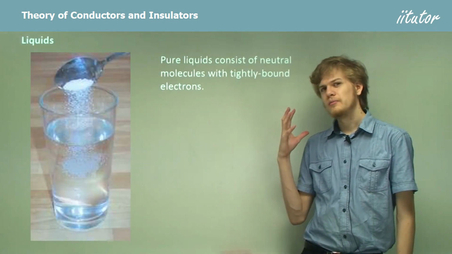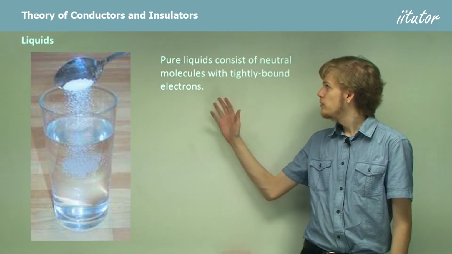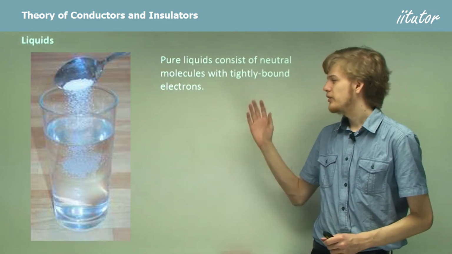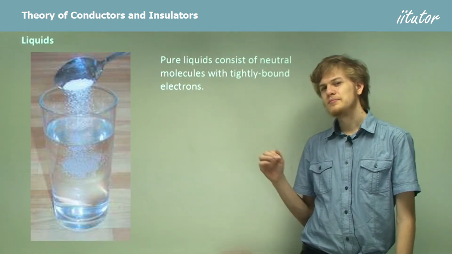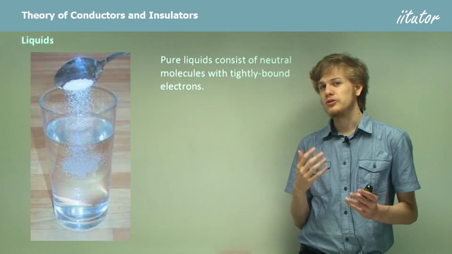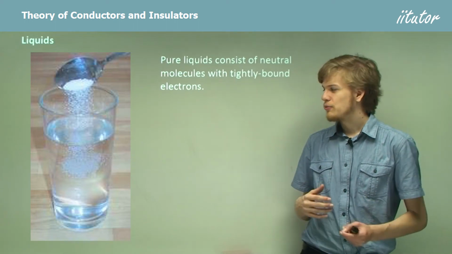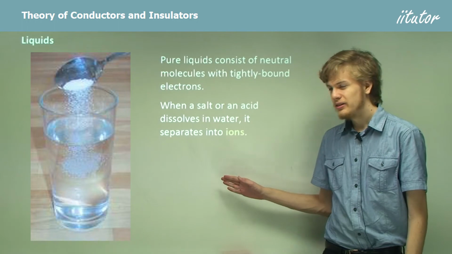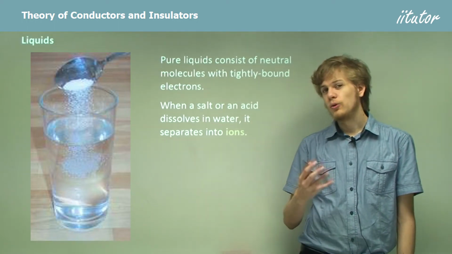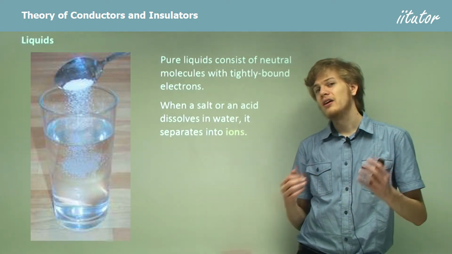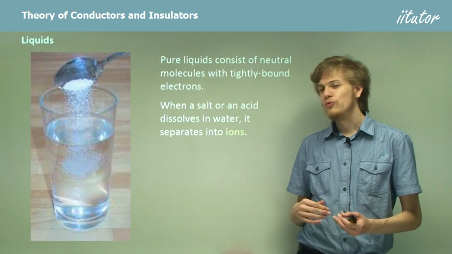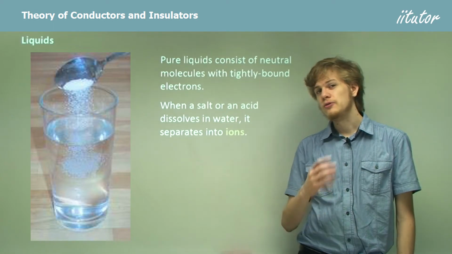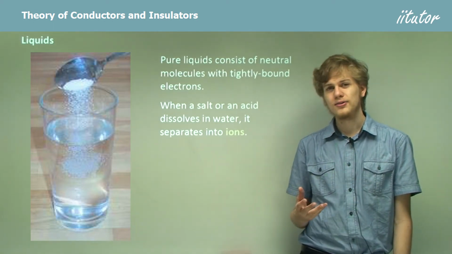Now, let's look at some conductive liquids. Pure liquids consist of neutral molecules with tightly bound electrons. Initially, this makes it seem like they're not very good conductors of electricity, except of course for mercury, which is a metal. But when a salt or an acid dissolves in water, the salt or the acid will separate into ions. If we dissolve sodium chloride, table salt, in water, it'll separate into sodium ions and chloride ions.